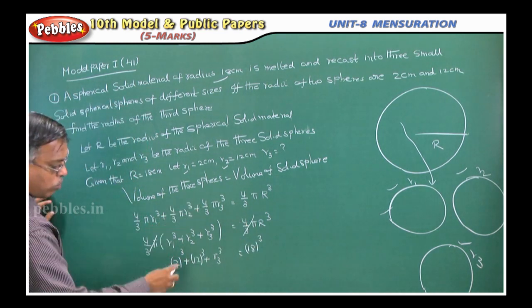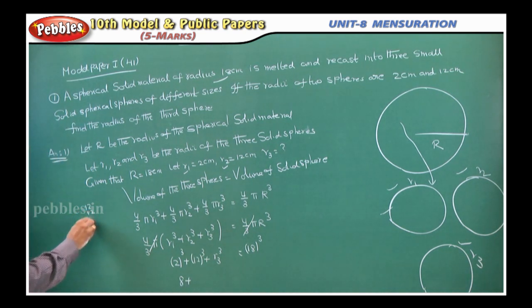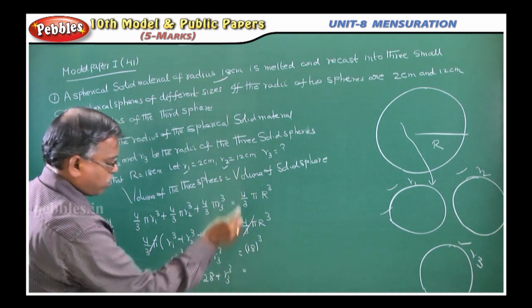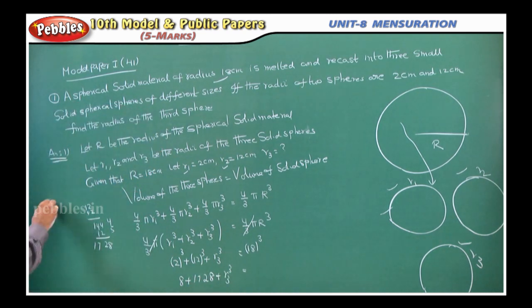So now 2 cube is 8, plus 12 cube: 12 into 12 is 144, again 12 is 1728. 1728 plus 8 is 1736, plus r3 cube is equal to 18 into 18 into 18. So what is the value? We will see now. 18 into 18 is 324.